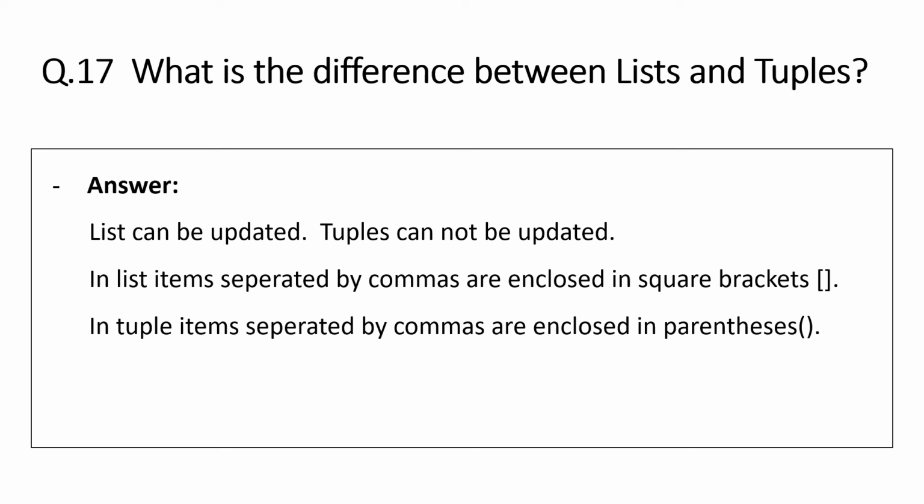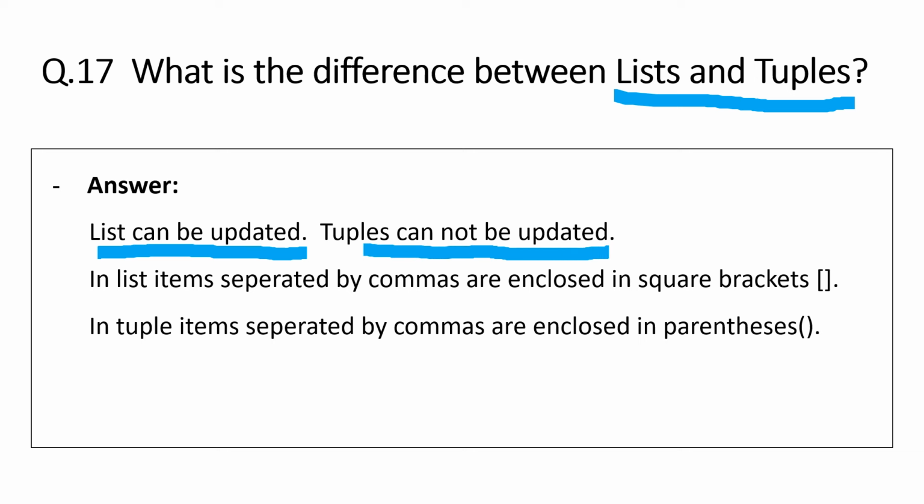Now the next question is, what is the difference between lists and tuples? List and tuple are standard data types of Python. The first difference is list can be updated and tuples cannot be updated. We know that tuples and lists are nothing but different items separated by commas, but a list can be updated.